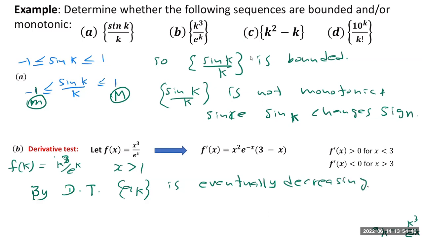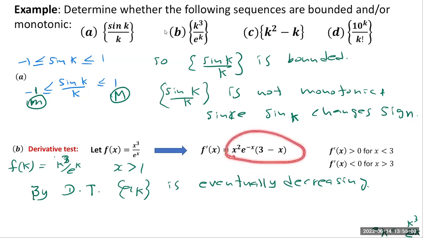All right, so we have the monotone property. What about the boundedness? How do we determine whether it's bounded or not? First of all, notice that this function has a maximum by the first derivative test. How do you find the maximum?